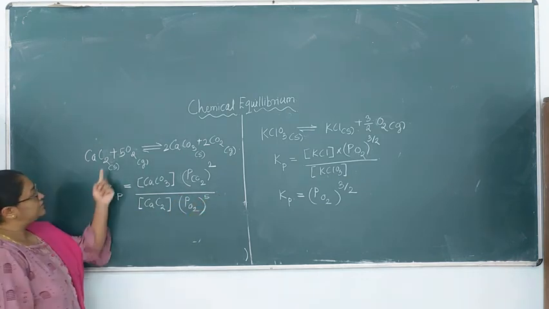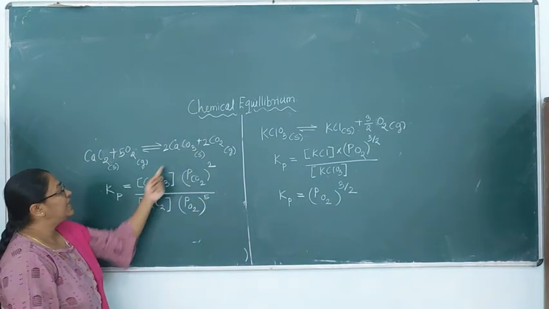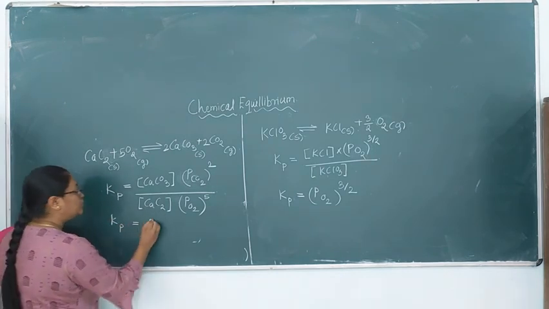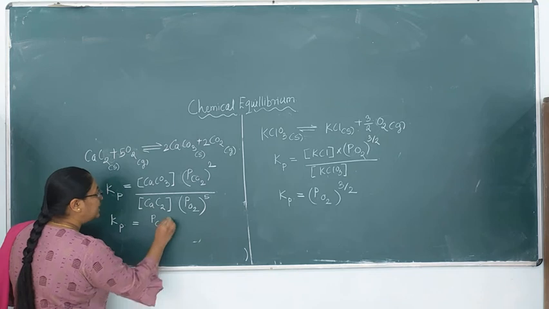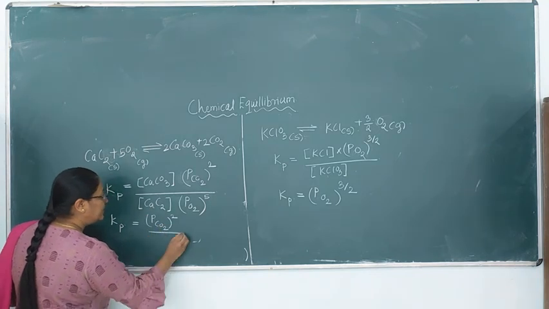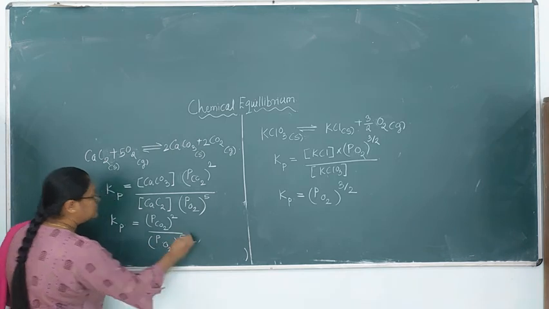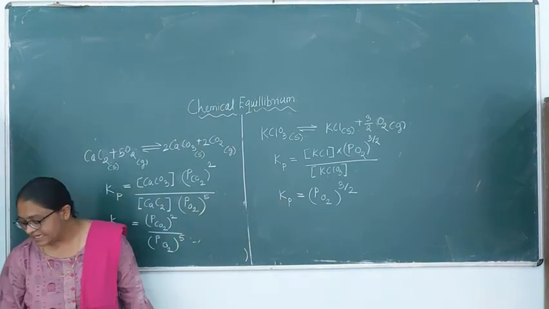Now again, these two are pure solids, so their activity will be taken to be 1. So what our equation becomes is Kp is equal to pressure of carbon dioxide raised to 2 divided by pressure of oxygen raised to 5. So this is the equilibrium constant for this reaction.